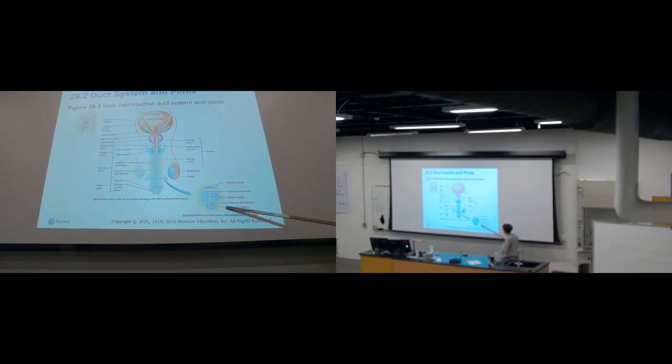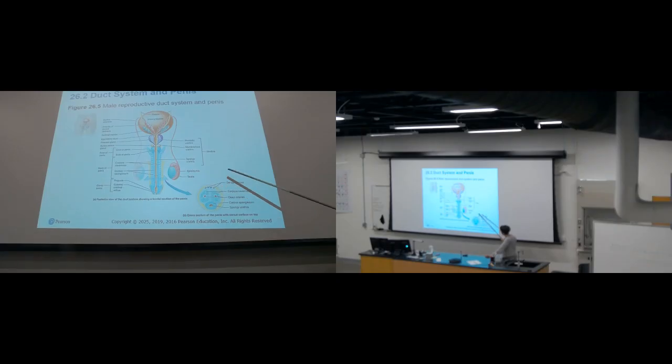And then this is the cross section of the penis at this region, showing you the dorsum of the penis. So this is the upper part of the penis where there are some dorsal veins and arteries of the penis. And then in the middle of this corpora cavernosa, there are deep arteries.